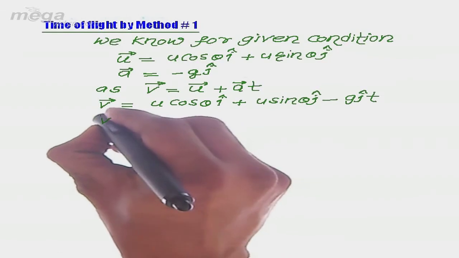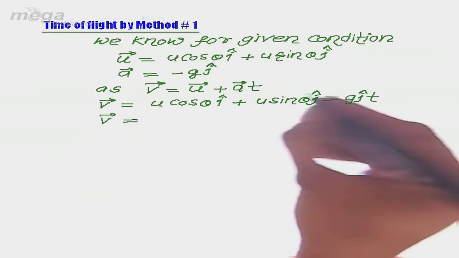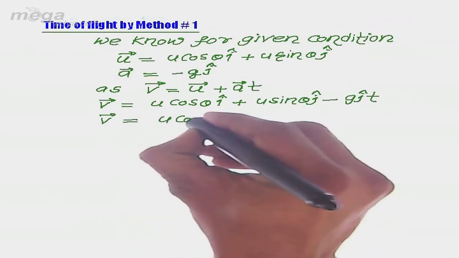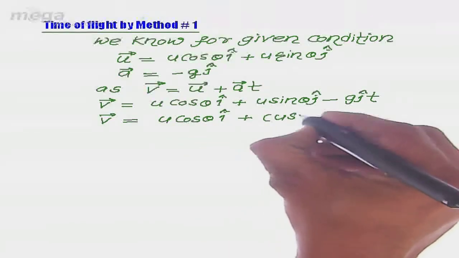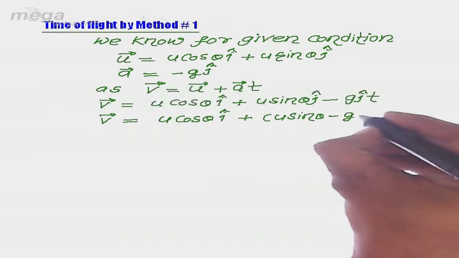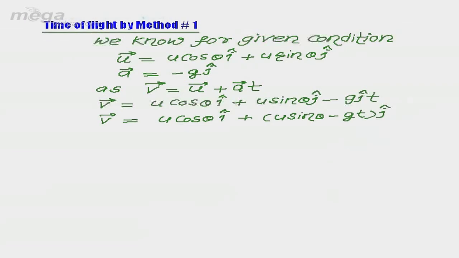We can simplify this equation to be equal to u cos theta i cap plus (u sin theta minus gt) j cap. Now, the twist comes from here.